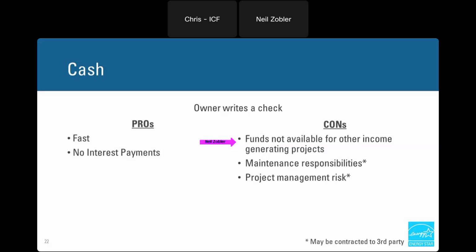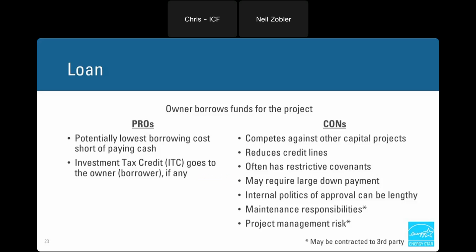Whenever you do your own project, of course, you've got maintenance and project management risk. However, these can be contracted to third parties, through an energy services company or some similar organization. Now, the maintenance and project management risk is consistent pretty much through the more traditional financing, and you'll see that pop up time and time again.